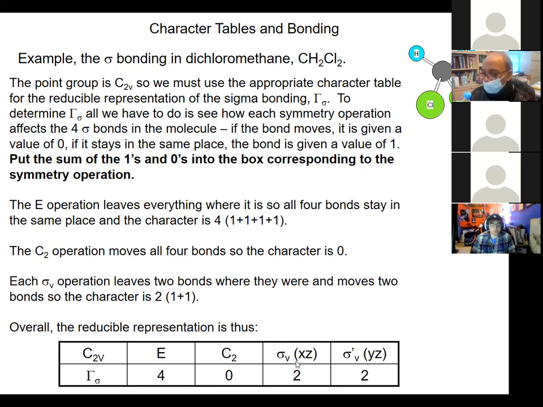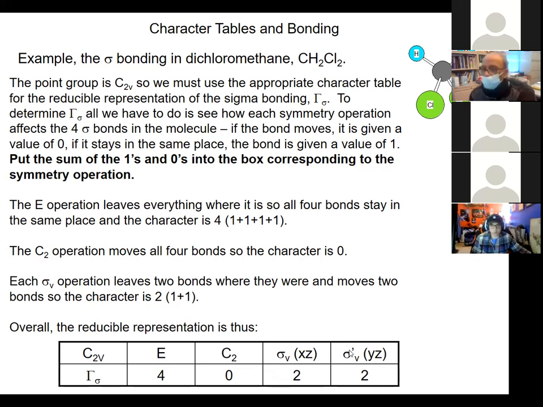Now, coming to the reflection planes, if you use this reflection plane, that is carbon and two chlorines, that is the plane that reflects the two hydrogens back and forth, right? So if we now look at that, two bonds stay and two bonds change. So we say the sigma v is 2 here.